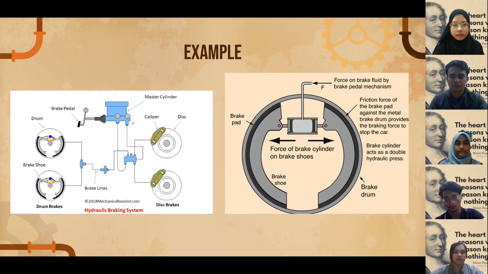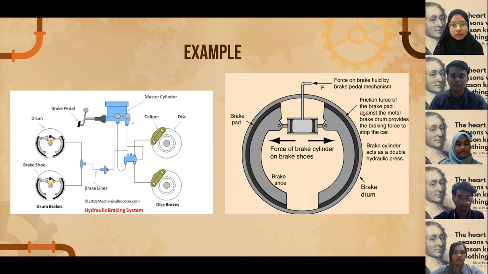So this is lastly about the hydraulic brakes. This is an example of how the hydraulic braking system functions. You can see the hydraulic braking system has a brake pedal, master cylinder, calipers, disc brakes, drum brakes, and drum.